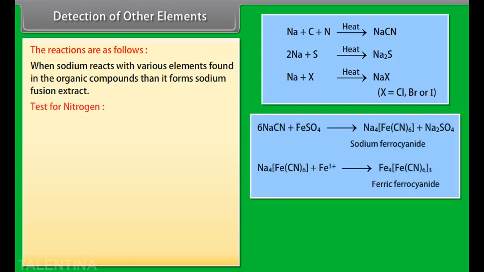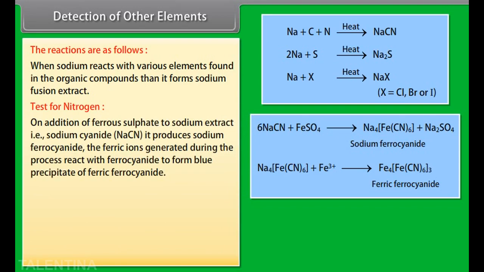Test for nitrogen: on addition of ferrous sulfate to the sodium extract, that is sodium cyanide, it produces sodium ferrocyanide. The ferric ions generated during the process react with ferrocyanide to form a blue precipitate of ferric ferrocyanide.